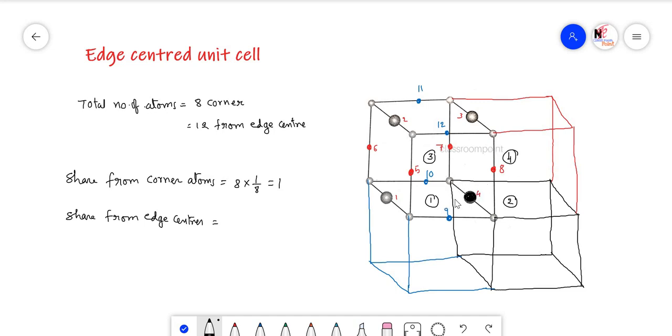Means all these 4 unit cells meet at this edge. So each of this edge centered atom's contribution towards any particular unit cell is 1/4, such that 12 atoms are there. So 12 into 1/4 equals 3. Total equals 4 atoms per unit cell.